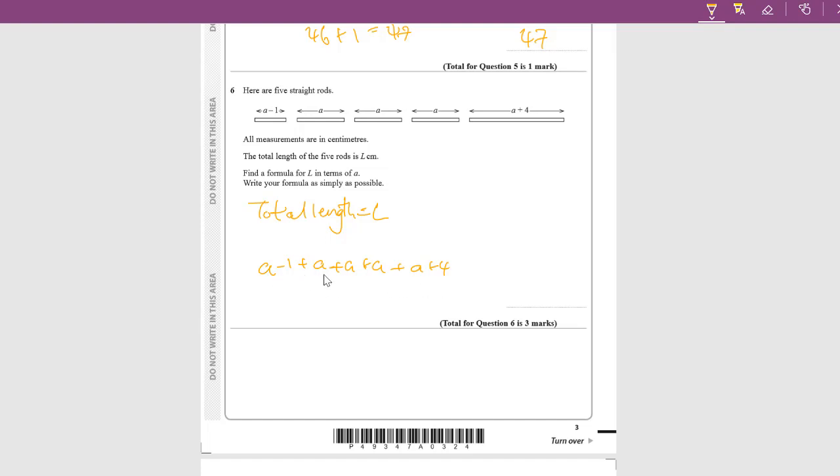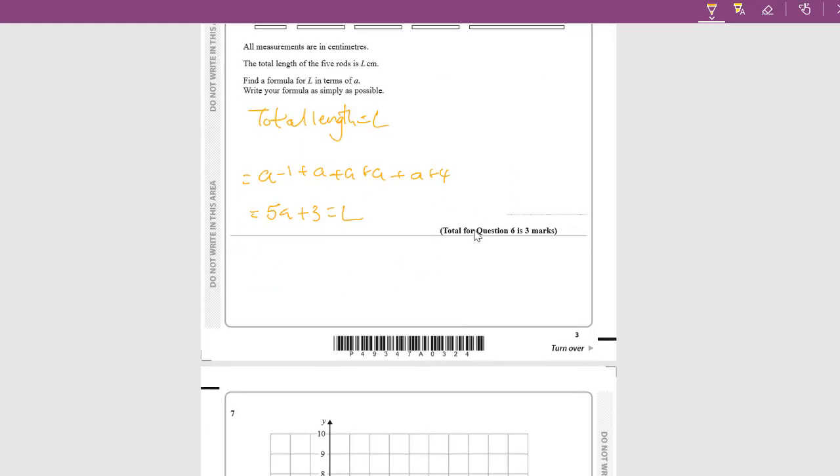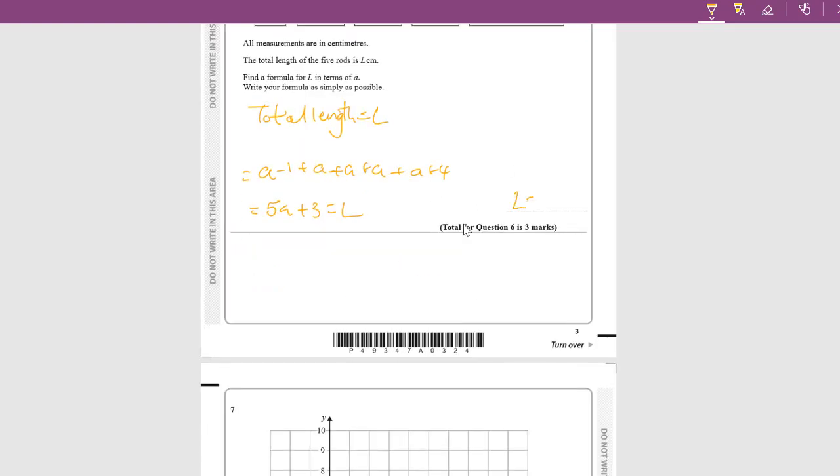Well, we've got 1, 2, 3, 4, 5. So we've got 5 A's. And then we've got -1 and +4, so that's going to give us +3. So 5A plus 3 equals L. So that would be our answer.